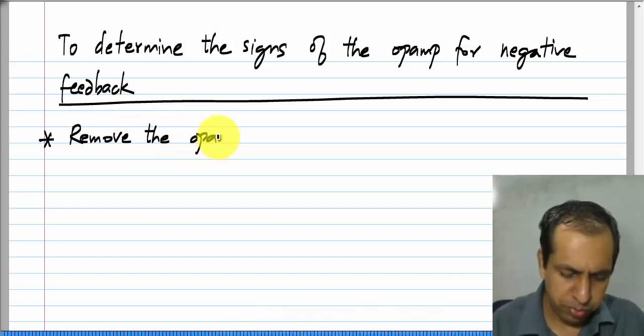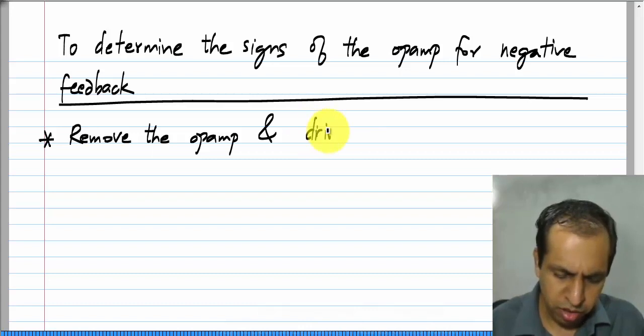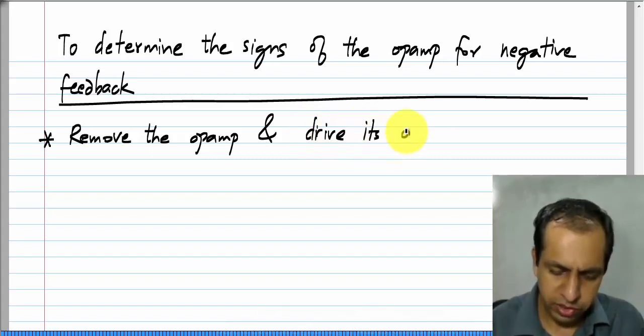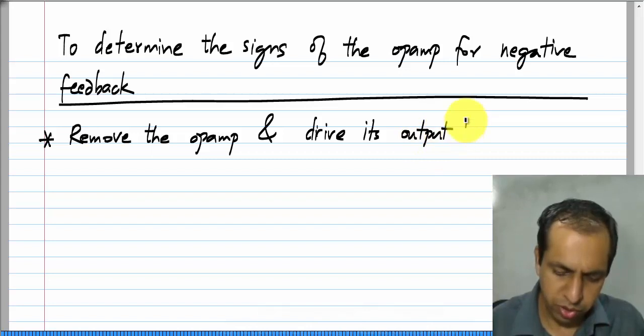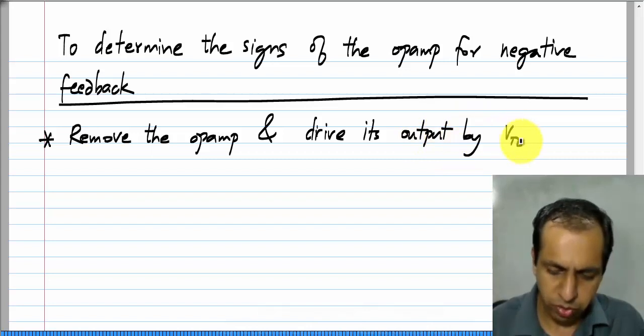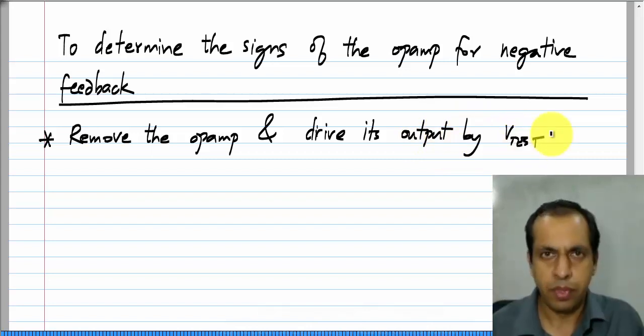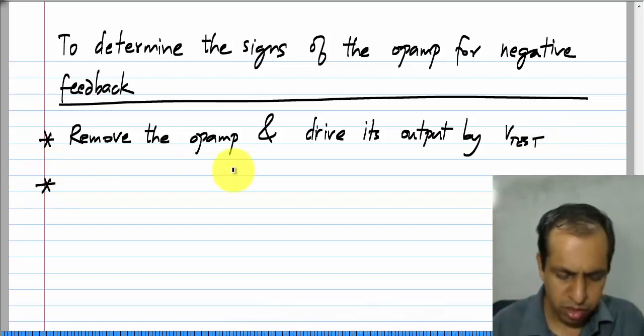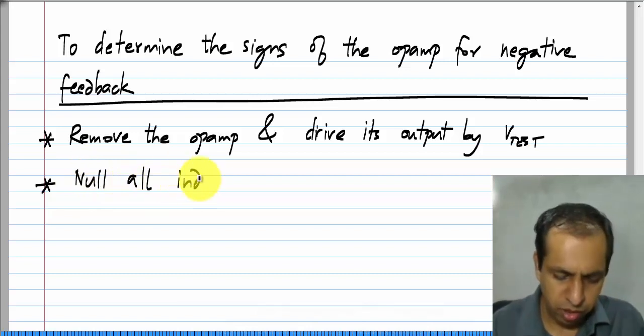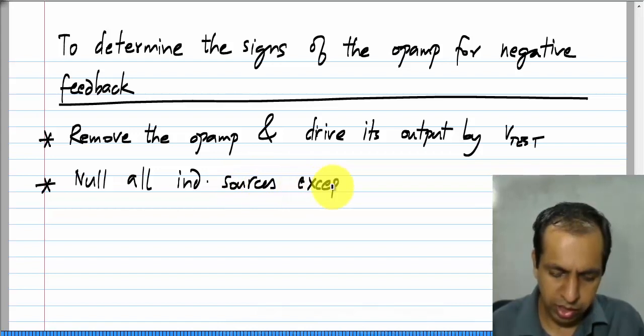You remove the op amp and drive its output by an independent voltage source V test, okay, and null all independent sources other than V test.